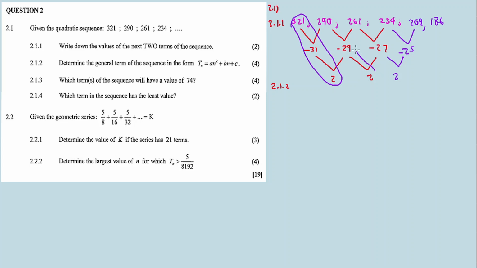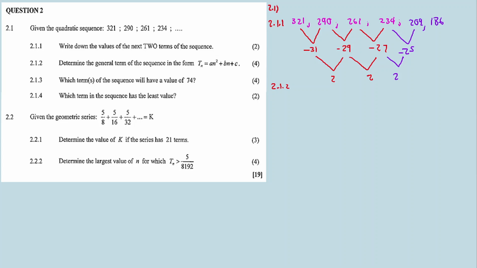You can also use the second branch, or the third branch. It's up to you. But the higher the branches, the more complicated the equations are. So it's best to use the first branch in order to calculate your general equation.